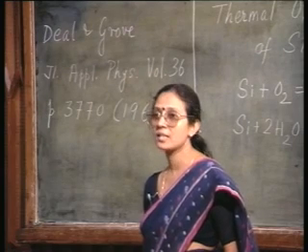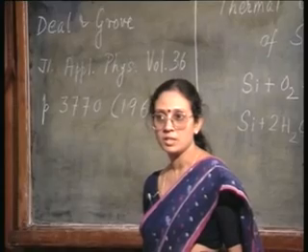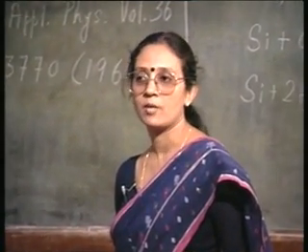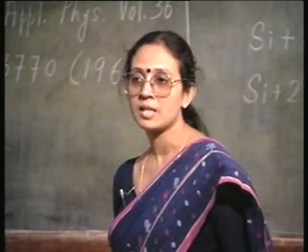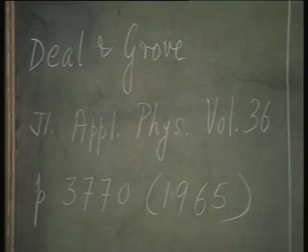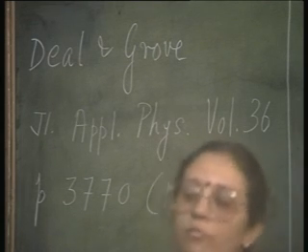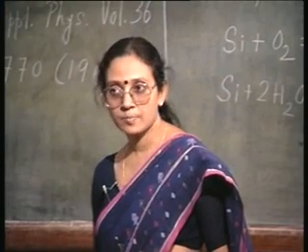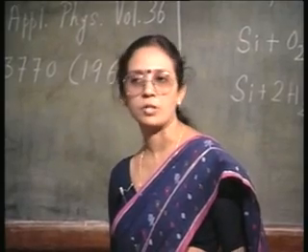And the funniest thing is, this is one of the longest standing models. You see, in 33 years, Deal and Grove's model has withstood the onslaught of all experiments. Whatever experimental data has been generated so far on oxidation, the Deal-Grove model can explain quite adequately in most of the regions.